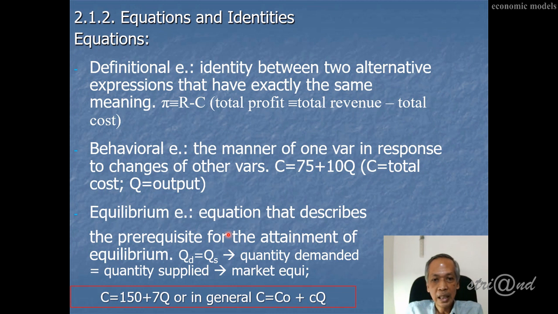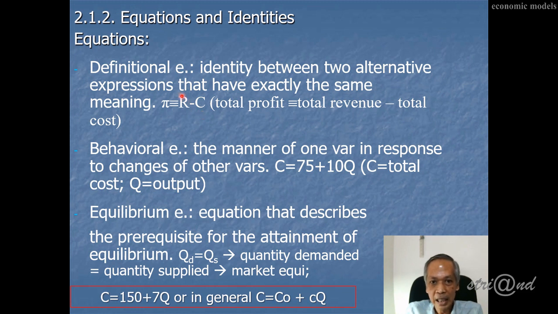What we need to discuss at this step is that our example here is a behavioral equation. It is not a definitional equation. A definitional equation is only about identity. It is only about definition. For example, profit is revenue minus cost.